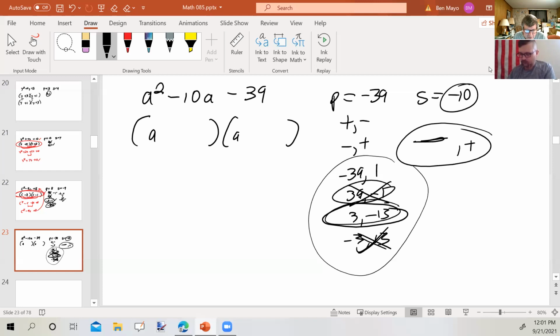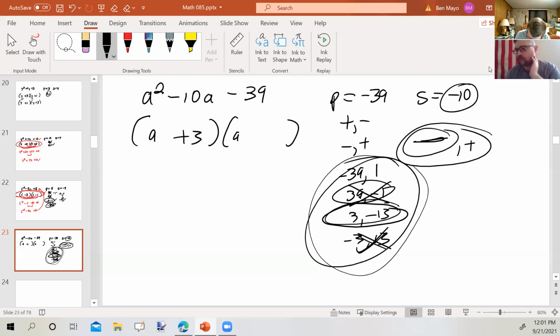Multiplied together, they'll give me a negative product. Added together, the negative will dominate and swallow up the positive, kind of thing. I don't know if that makes any sense, but it will help you narrow the field so you don't write a whole bunch of possibilities that you could determine ahead of time don't work.